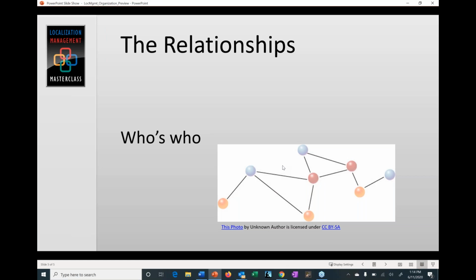Because going back to what we were saying earlier about how to make localization be seen as more of a critical function rather than just a service, it's important to know who in the organization you might need to know and be able to influence, and what the chain of command is.